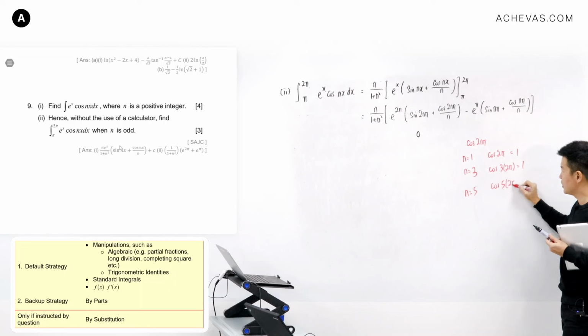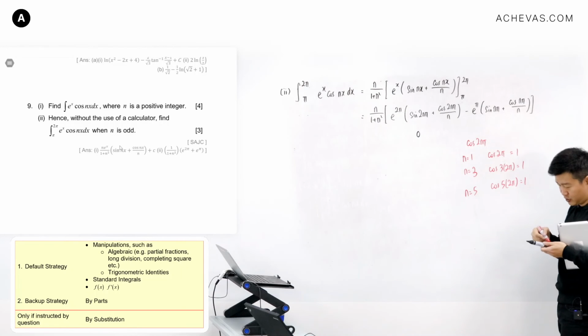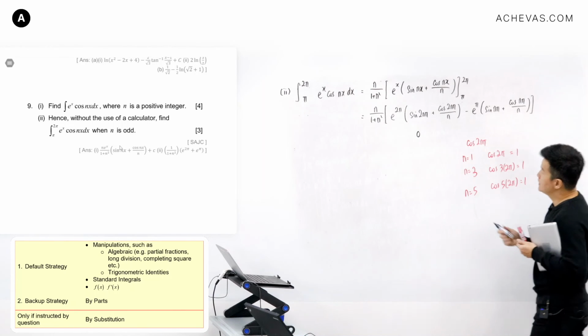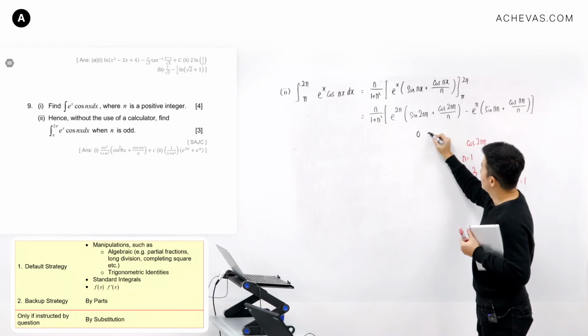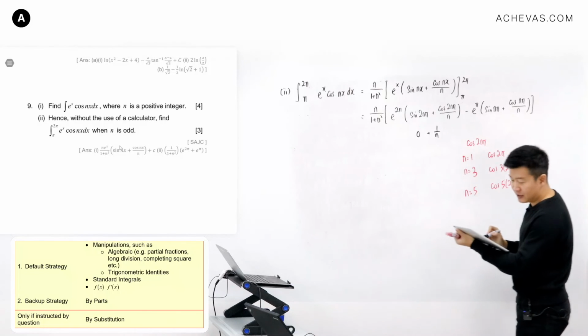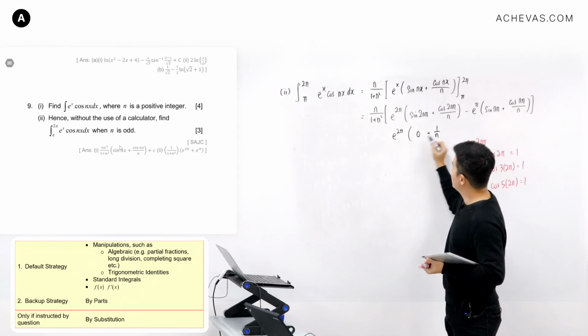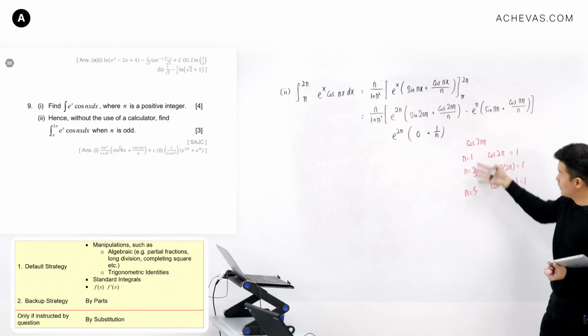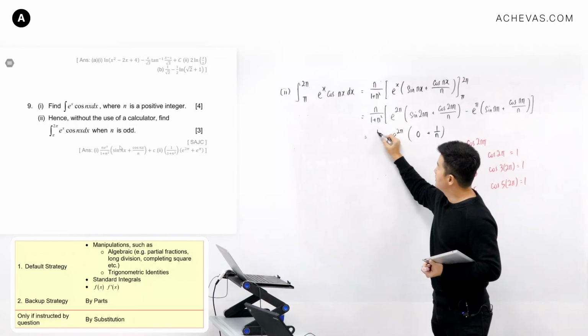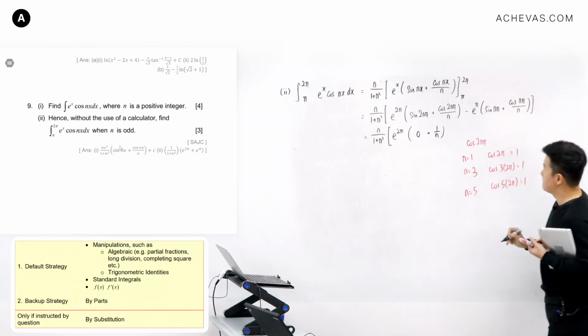Cosine 5 times 2 pi, this is also going to be equal to 1. So we know this is going to be this plus 1 over n. So we have e to the power of 2 pi, evaluating based on the pattern that we are seeing. We have this n over 1 plus n square.